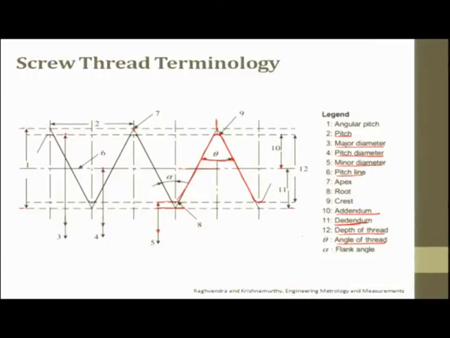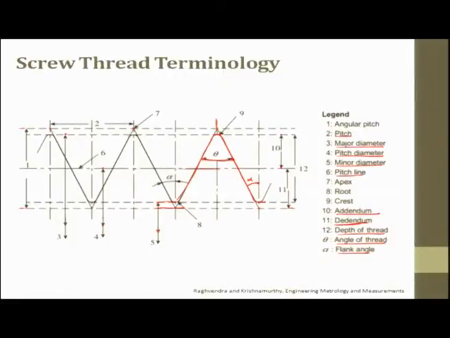So, what is flank angle? With respect to the thread here, you take the angle between the plane and the central axis of the single thread, and it makes a flank angle. Then we will see what is apex.